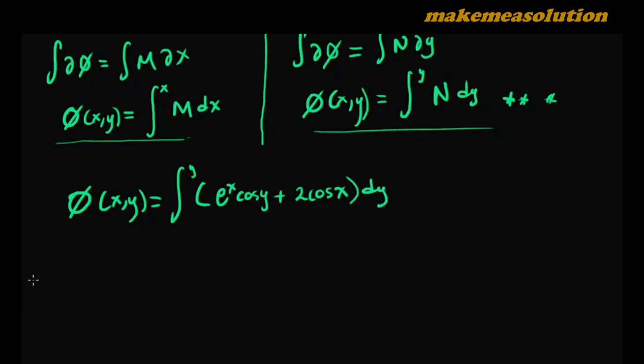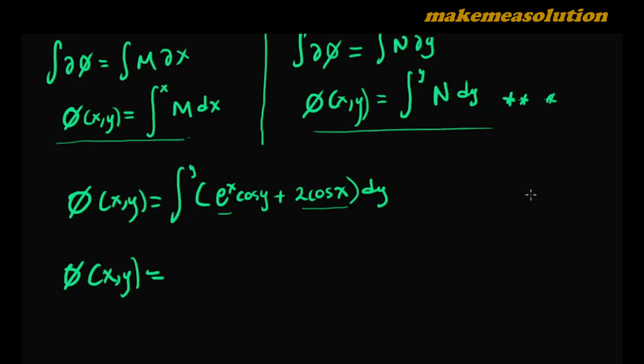Now follow me carefully. Let's do the integration together. When you're integrating partially with respect to y, remember that x is actually acting as a constant. So anything about x, exponential x is a constant, 2 cos x is a constant in this case. So phi of x comma y now becomes, starting with this term, just imagine that this exponential x is a number.